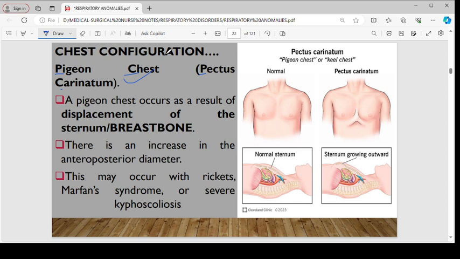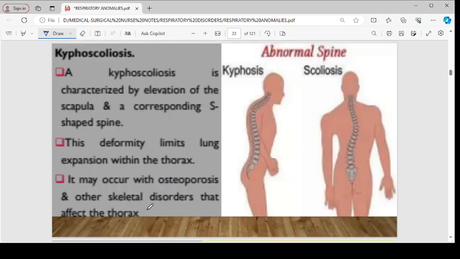In a pigeon chest, there's a displacement of the breastbone outward, and there is therefore an increase in anterior posterior diameter. This presentation normally occurs in patients with rickets, Marfan syndrome, and kyphoscoliosis.